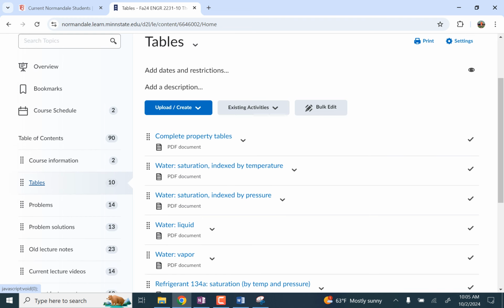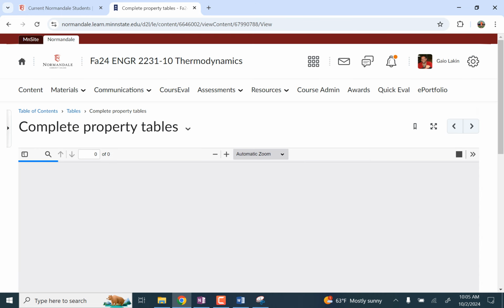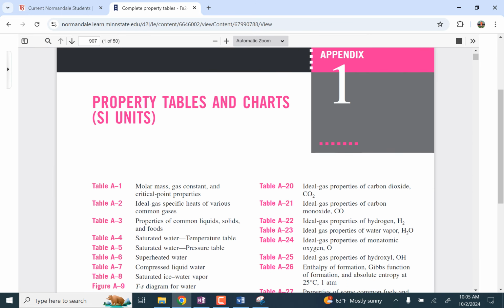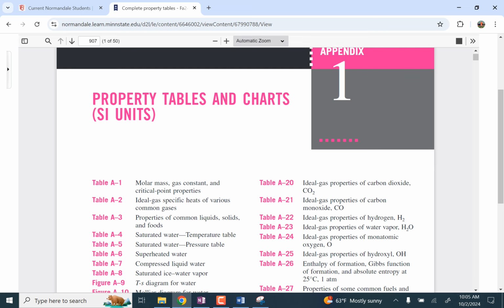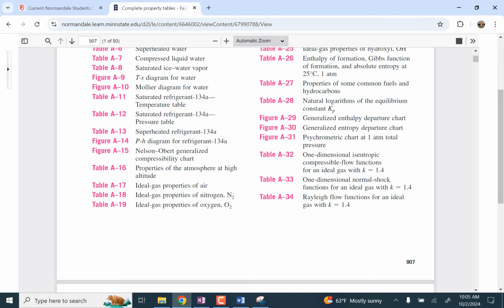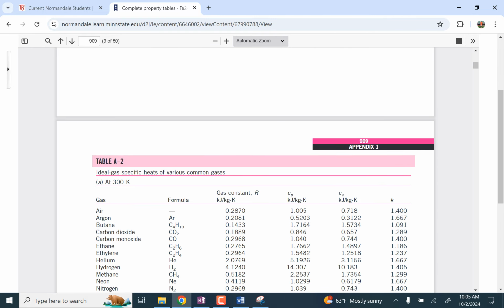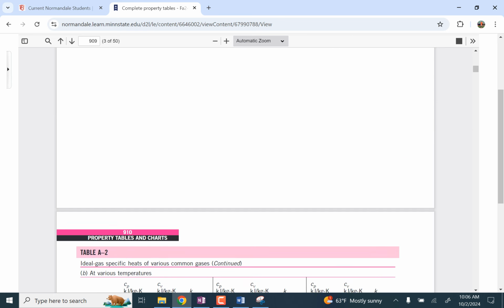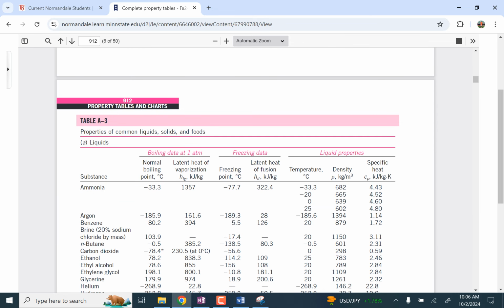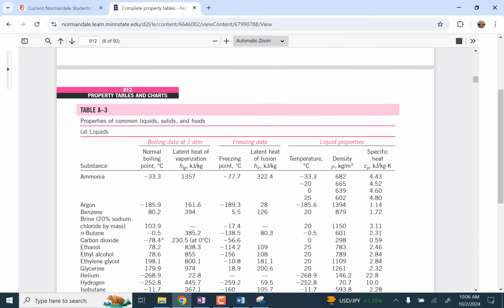Go to tables, go to complete property tables, and then properties of common liquids, solids, and foods. We will not do any foods in this class. Well, it's not a part of thermodynamics. I guess it is, but we're not doing it.